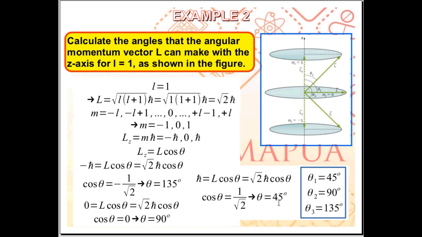So the three possible angles are 135, 90, and 45 degrees. Comparing these values to the figure, theta 1 is 45 degrees, theta 2 is 90 degrees, and theta 3 is 135 degrees.